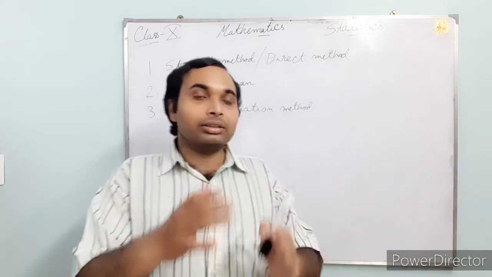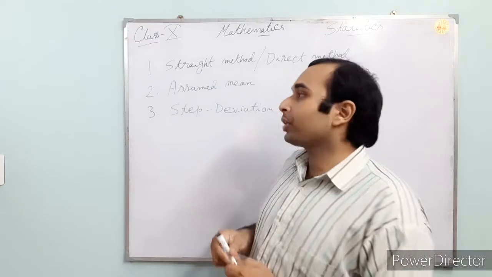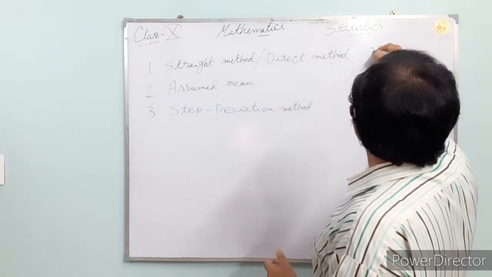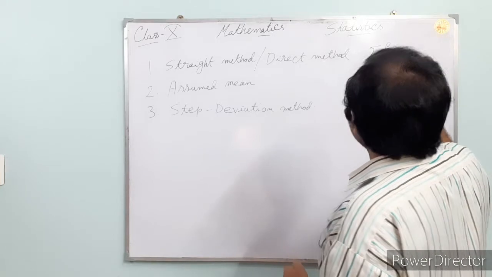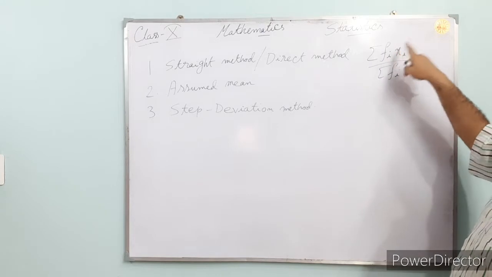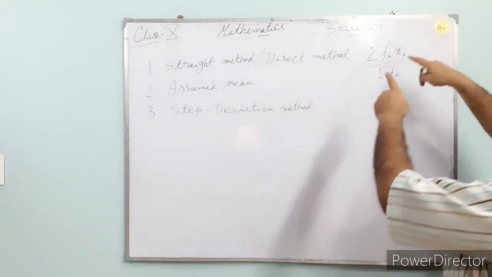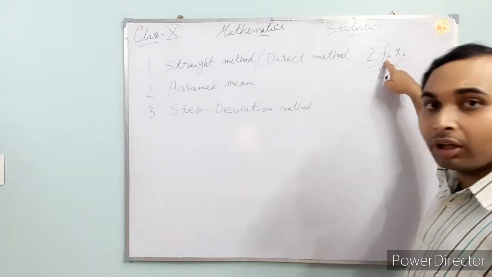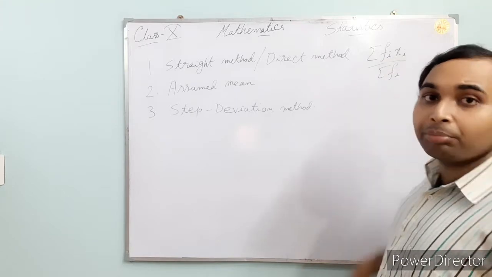Here that is written in the mathematical formula way, that is summation fi xi by summation fi. There will be one table and there you have to find these. F stands for the frequency and x stands for the mid value.